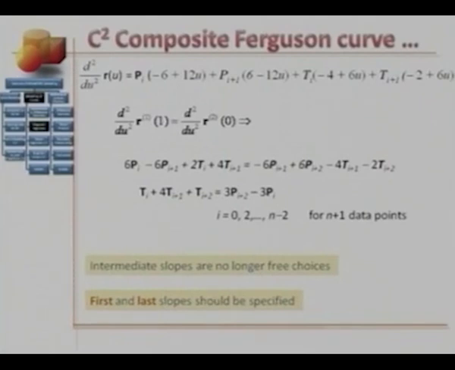And all the other intermediate n minus 1 slopes will then be computed using this set of equations. If you also closely notice, this would be a linear system, and this would be a tri-diagonal system, which would be very efficient.